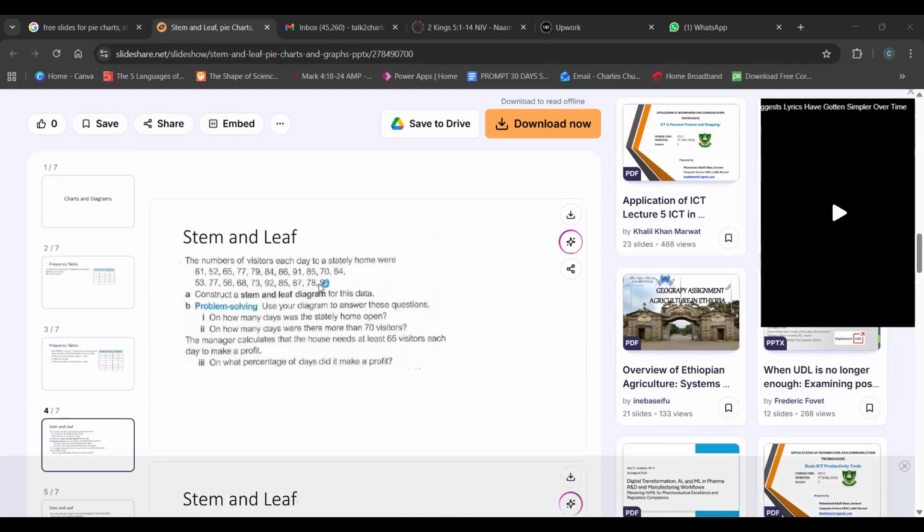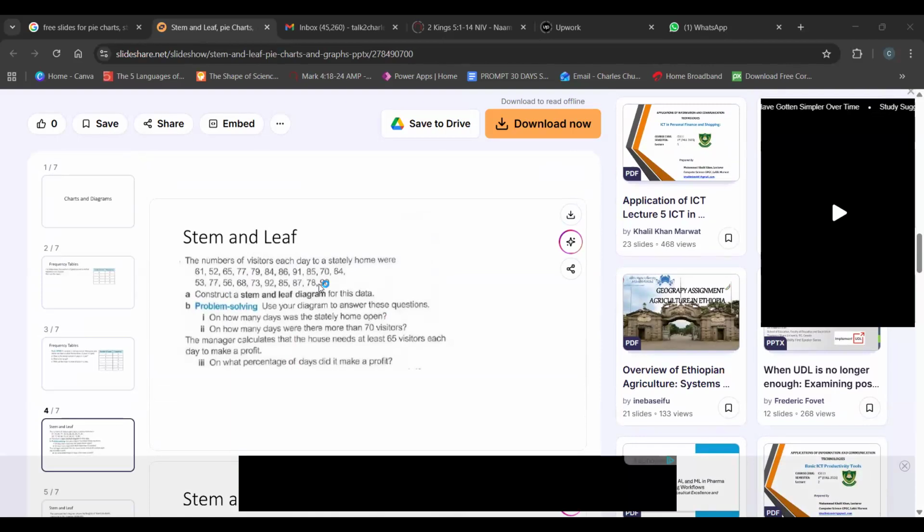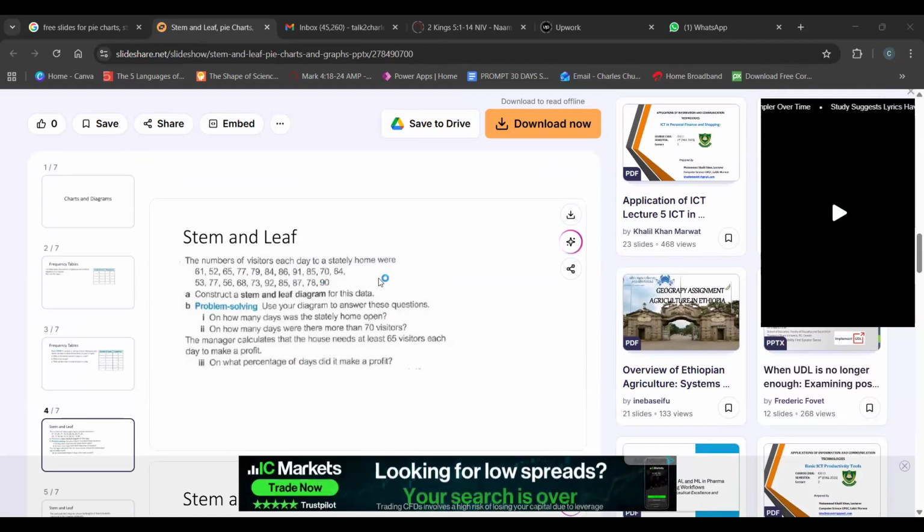I'm not sure actually. What would I have to do? I would have to start with the 50s, and then I have to put the key as well, right?